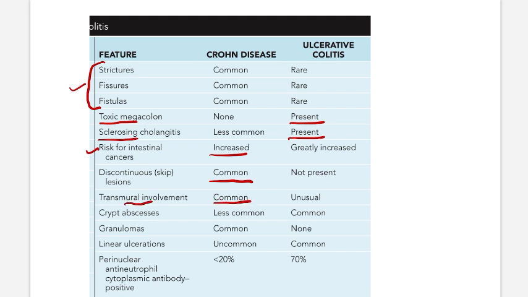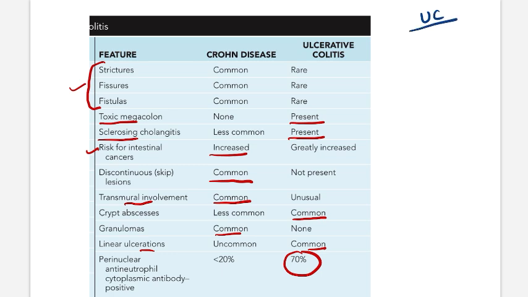Crypt abscess is more common in ulcerative colitis. Granulomas are more common in Crohn's disease. Linear ulceration is more common in ulcerative colitis, and P-ANCA positivity is seen in 70%.